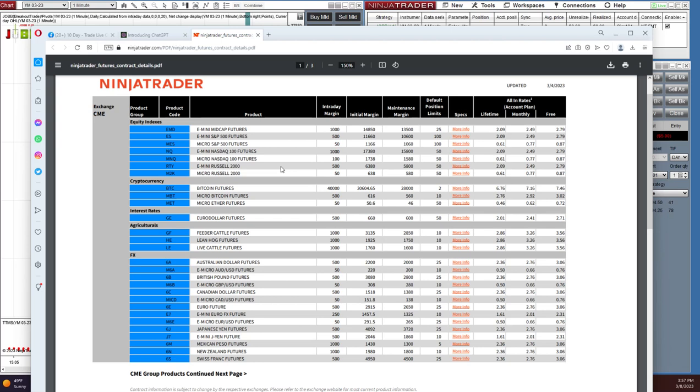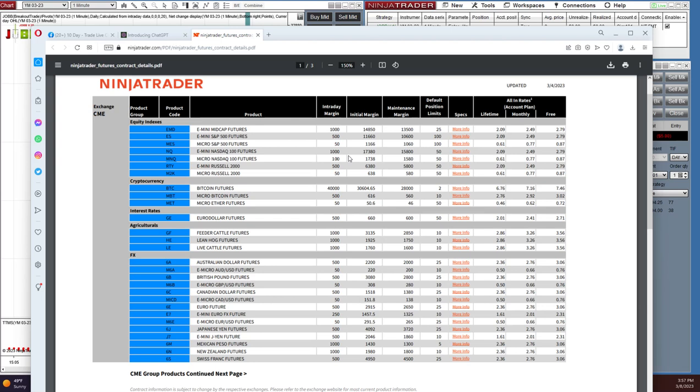The micro, the MNQ, only requires $100 in margin per contract. So you could trade more contracts and practice well with the micro. Micros are really good, especially in small accounts, and they're really good if you want to use more contracts for practicing.